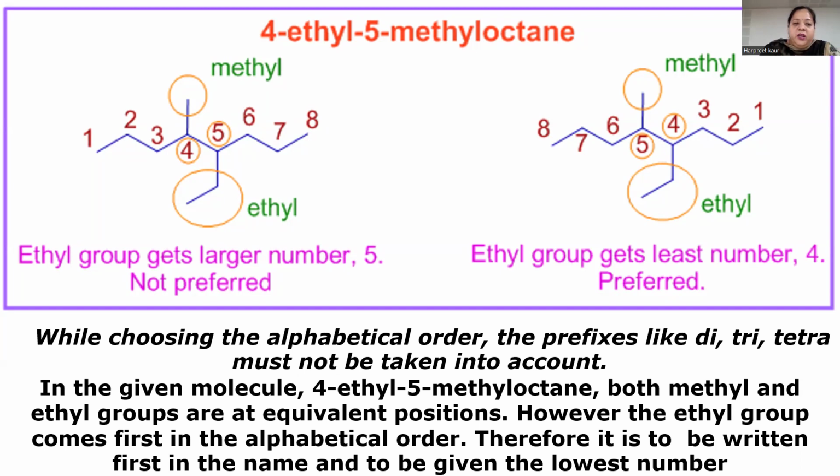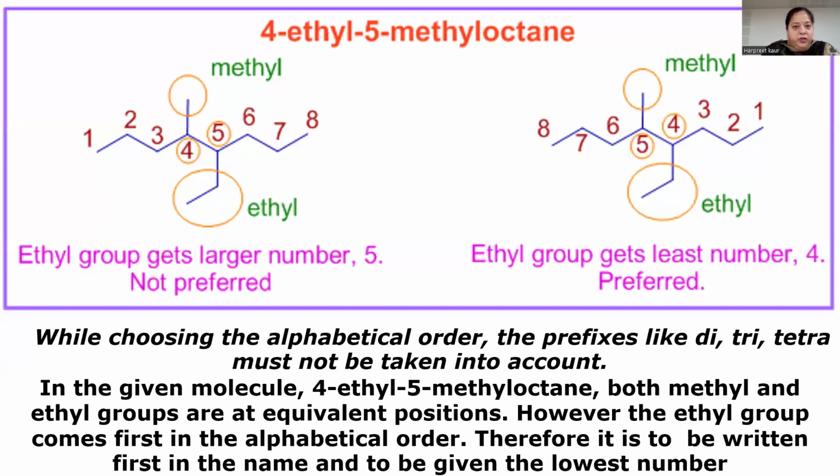So here, one of the groups is methyl and another is ethyl. They both are getting position 4, 5 or 5, 4. Then the one which comes alphabetically first should get the lower number. That means ethyl should get the lower number, that is number 4, and methyl should get number 5.